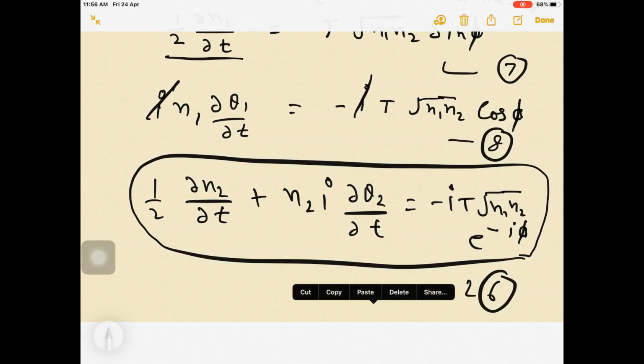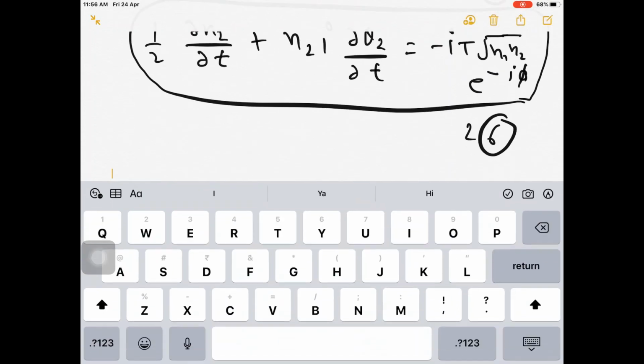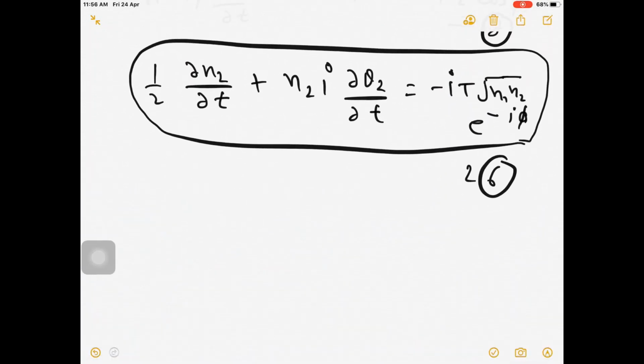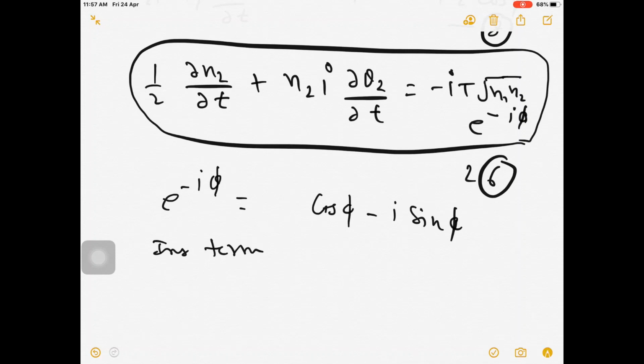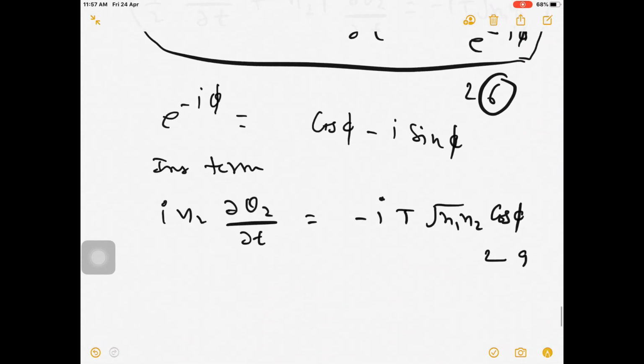If I break this equation into real and imaginary terms, this time exponential minus iota phi will be cos phi minus iota sin phi. So the imaginary term will be n2 del theta 2 divided by del t equals minus iota t under root n1 n2 cos phi. Let this be equation number 9.